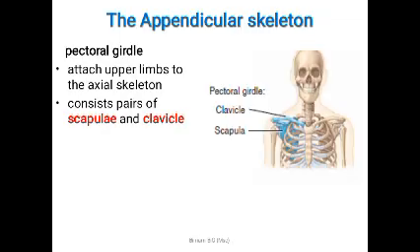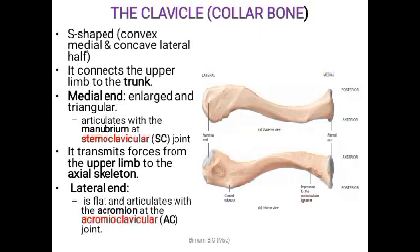The appendicular skeletal pectoral girdle attaches the upper limbs to the axial skeleton and consists of a pair of scapulae and clavicles. The clavicle, or collar bone, is S-shaped, convex in the medial half and concave in the lateral half. It connects the upper limb to the trunk.